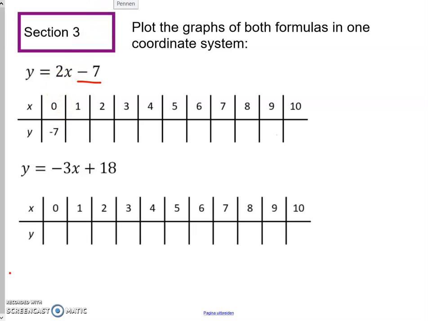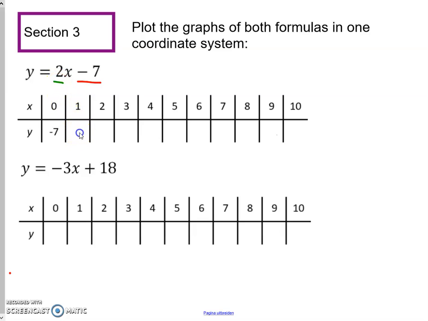Then there's the second number, and that's the gradient. The gradient's always with a variable. You can easily use this when you have to fill in a table, because this means when x is 1 more, y is 2 more. Please remember, 1 to the right and y goes 2 up.